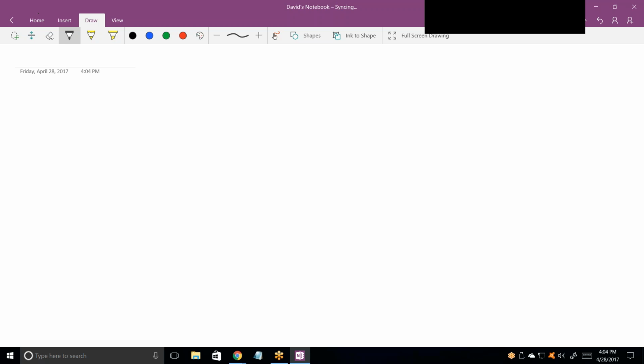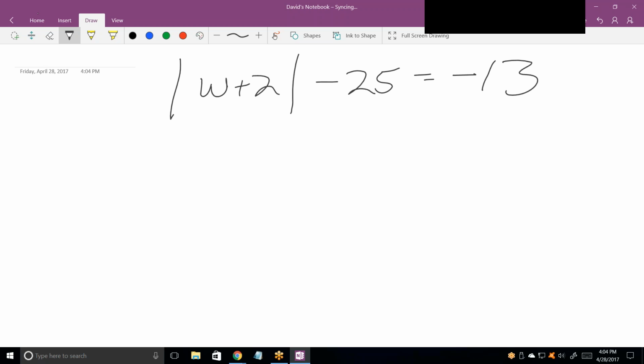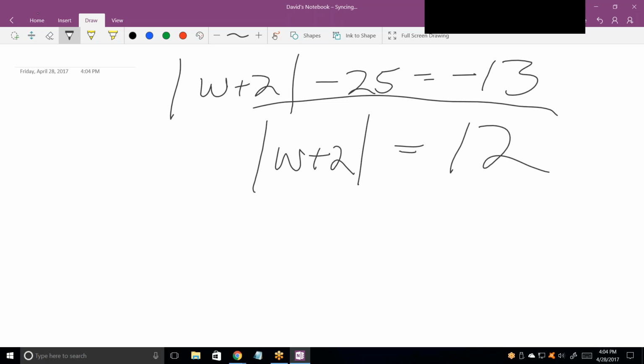All right. This one is the absolute value of w plus 2, minus 25 equals minus 13. First step? Add 25 to both sides. Now, what does this mean? It means 2 different things. What are they?